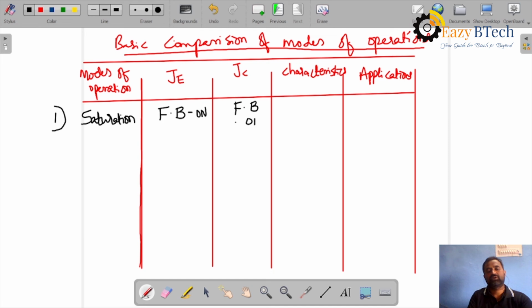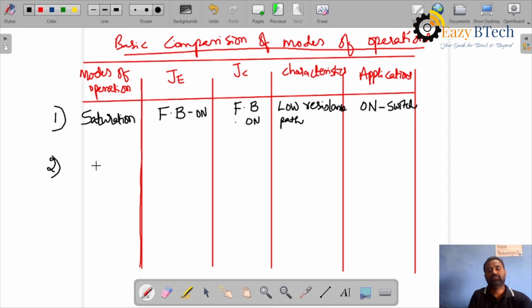This is also on switch. Then the characteristic is low resistance path. And application is on switch.